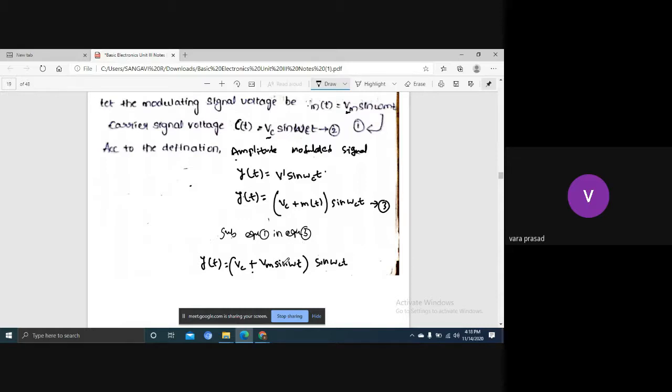From this, if you take Vc common, we get 1 plus Vm by Vc into sine omega m t.